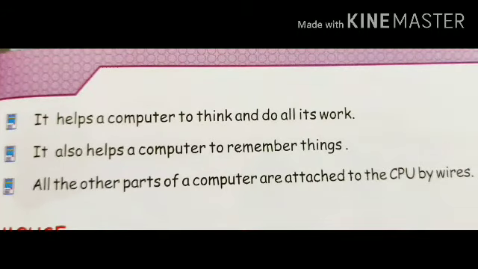Everything is stored in the CPU. All the other parts of the computer are attached to the CPU by wires, and the mouse and keyboard are attached to the CPU by wires. You must have seen in computer labs that the mouse and keyboard are attached to the CPU by wires.